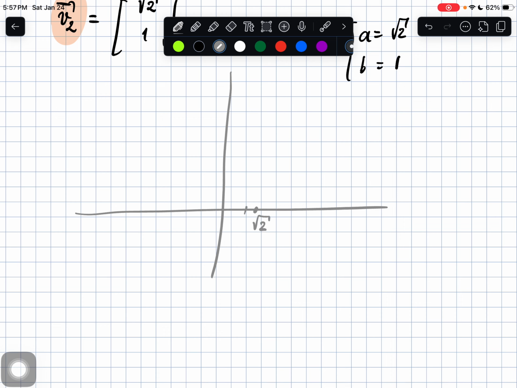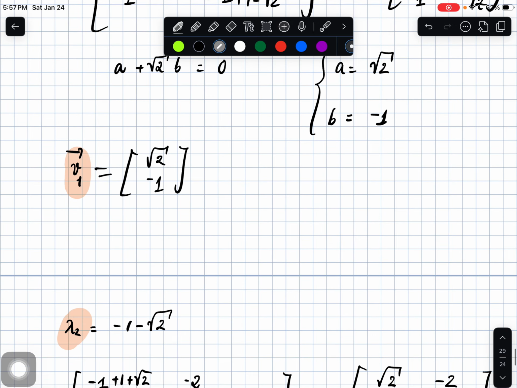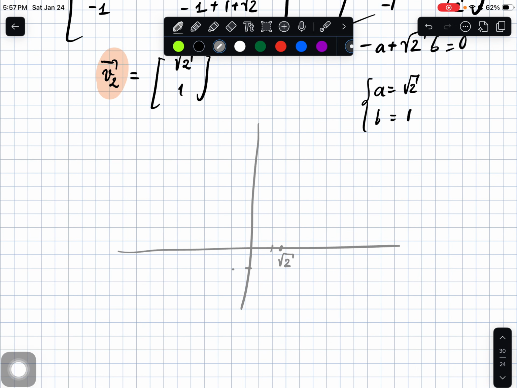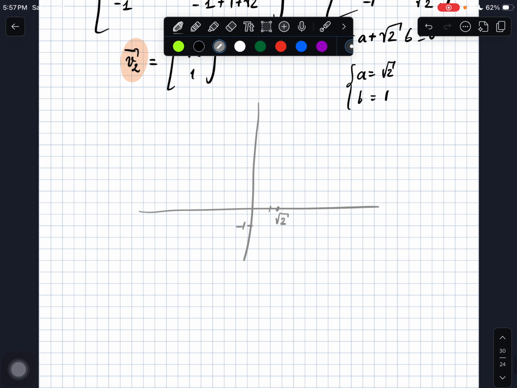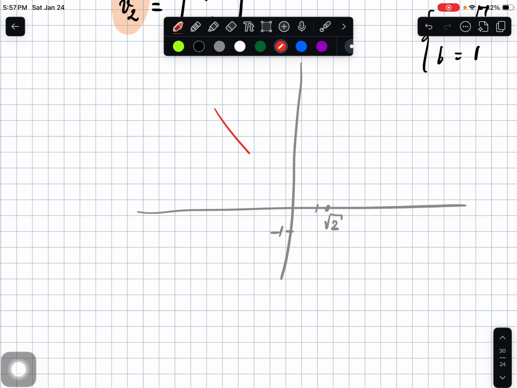Root 2, minus 1. So this one gives us V1. This is a line corresponding to V1.